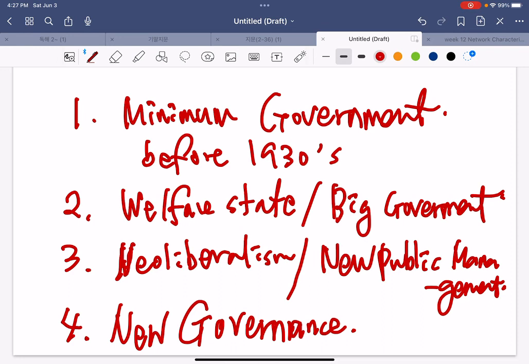Therefore, because the variety of actors exist in the new governance, structurally network was emphasized.